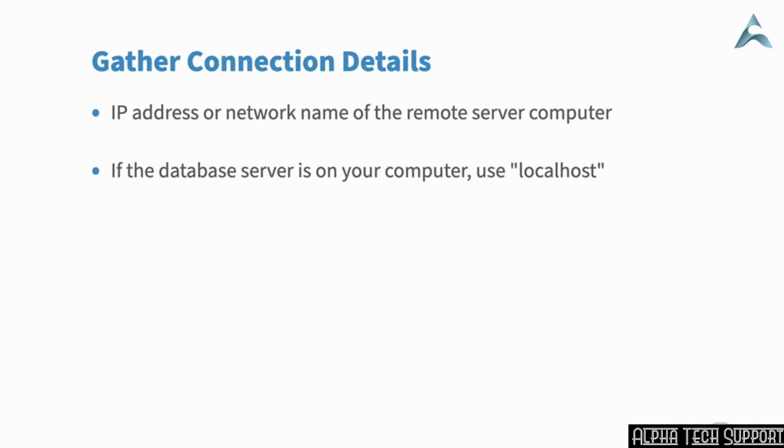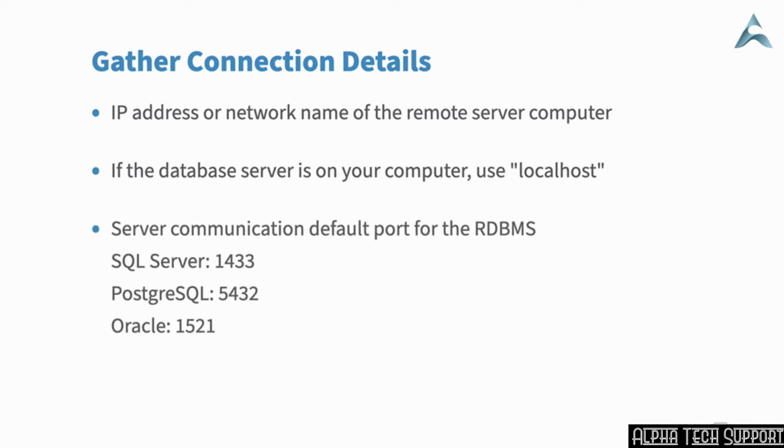First, you'll need to know the IP address or the network name of the machine that you want to connect to. If your database server software is running on the same computer that you're currently using, then you can make a reference to localhost instead of using the IP address. You'll also need to know the server's listening port.